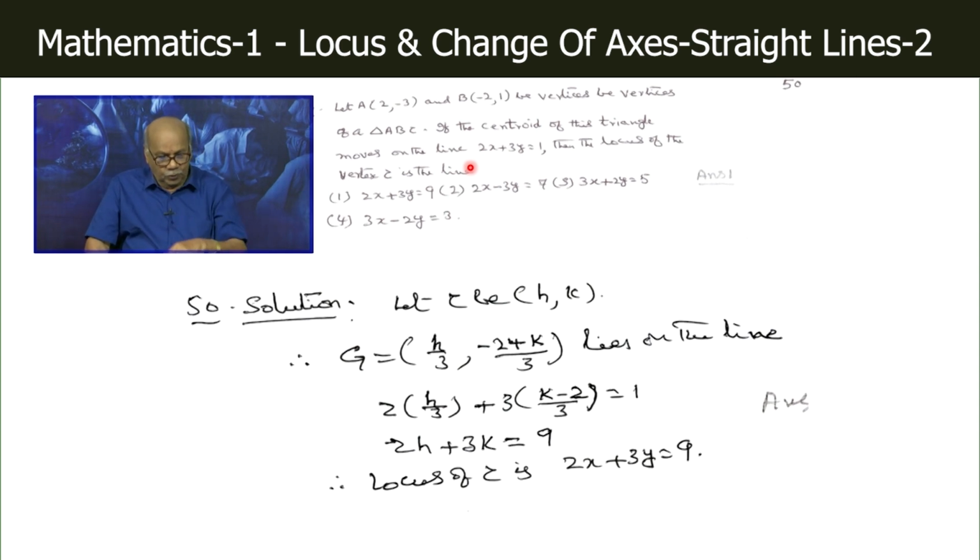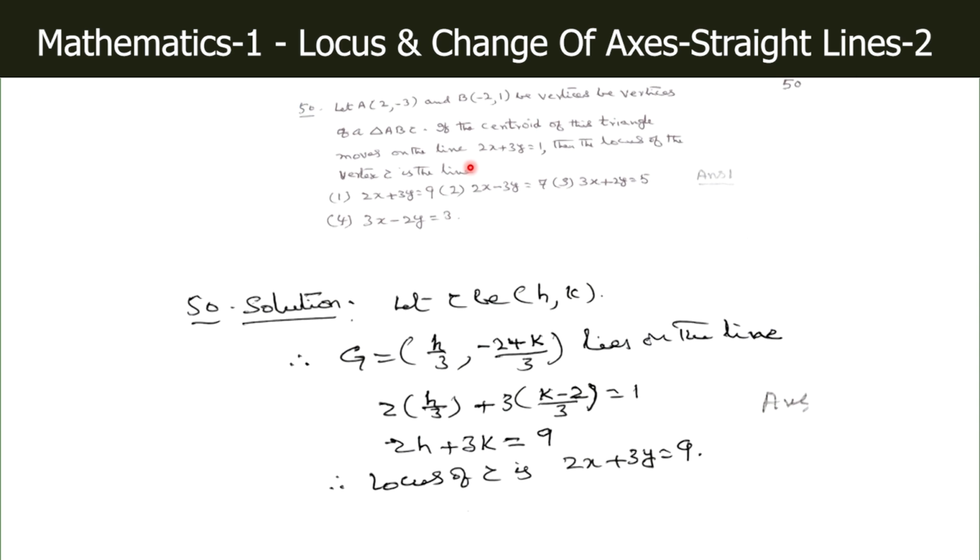is 1, 2x plus 3y is equal to 9; 2, 2x minus 3y is equal to 7; 3, 3x plus 2y is equal to 5; and 4, 3x minus 2y is equal to 3. Now suppose C is (h, k). Therefore G is equal to ((2 minus 2 plus h)/3, that means h/3, and (minus 3 plus 1 plus k)/3, that is (minus 2 plus k)/3).